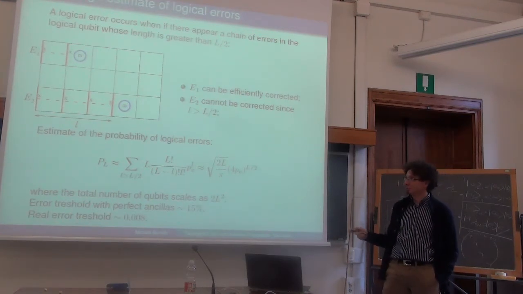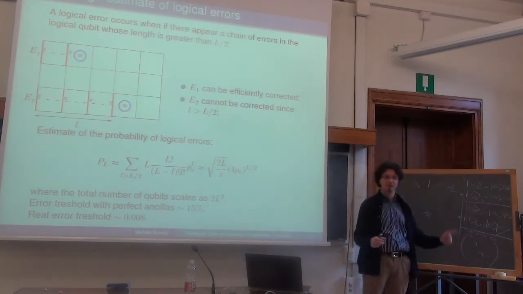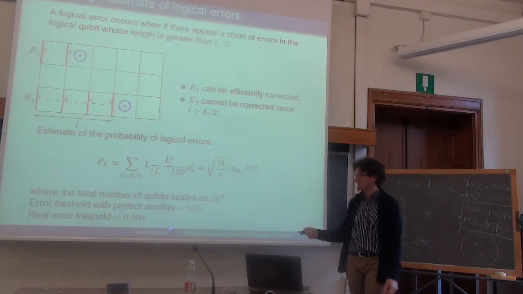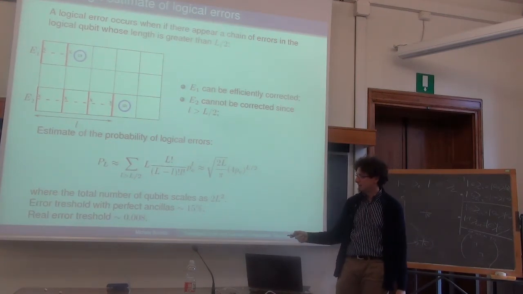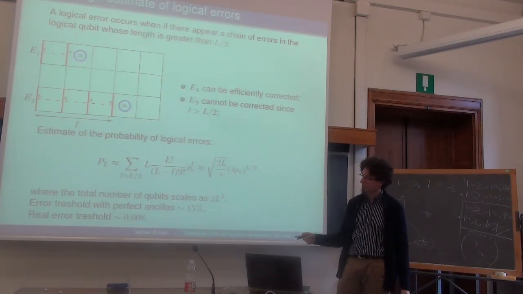But if you do the calculation properly, by considering all the ancillas, and all the control nodes which can be noisy, etc., you obtain that the threshold for this error is 0.008. You must therefore be able to apply quantum gates with an error which is smaller than this.